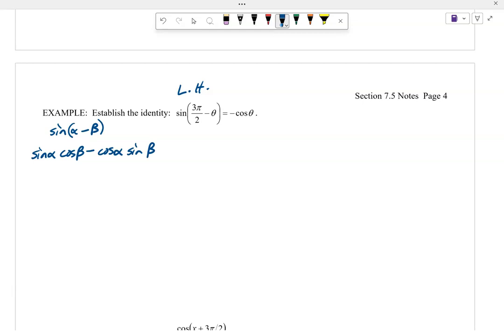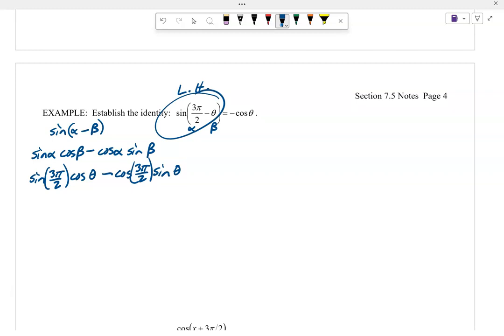So notice our alpha is the 3 pi halves and our beta is the theta. Okay, so let's fill it in. So this will be sine 3 pi halves, cosine of the beta, which is theta, minus cosine alpha, so cosine 3 pi halves, and then sine of beta, and again our beta is theta. Okay, so we're just working with the left-hand side.